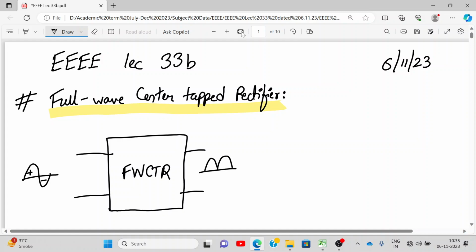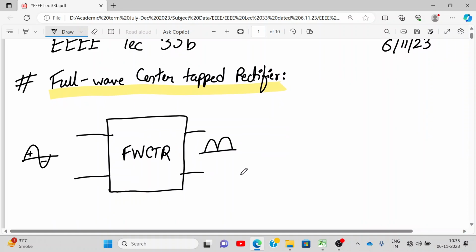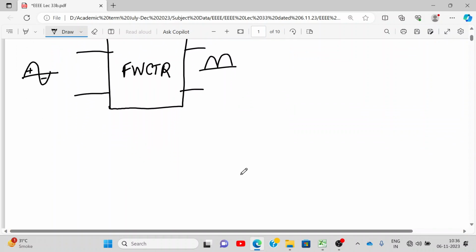Both the cycles will get utilized. For the negative half cycle also you will get an output, and for the positive half cycle also you will get an output. So the output is closer to DC. Alright. Understood the concept? That's why it's called a full wave. The full AC waveform is getting utilized. That is the concept. Now let's start with the circuit diagram.